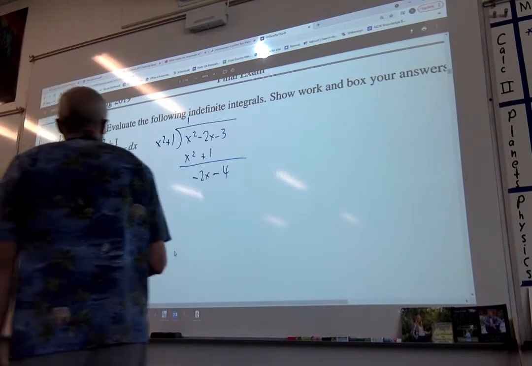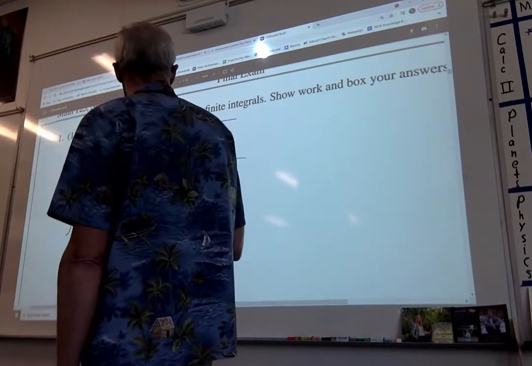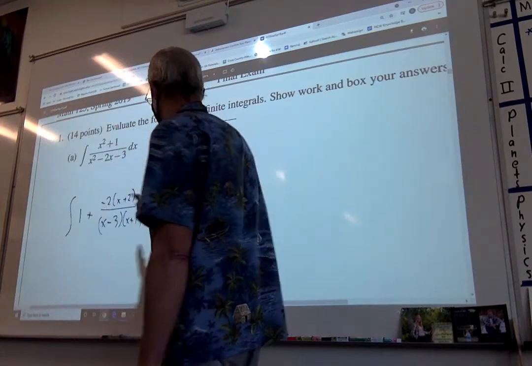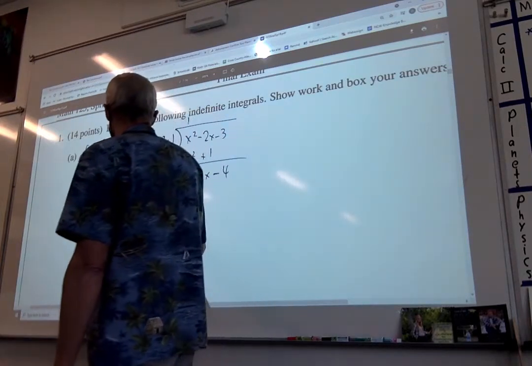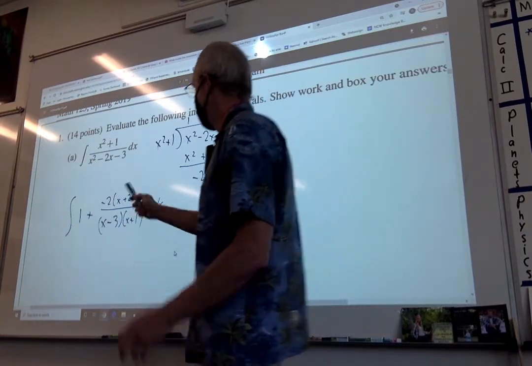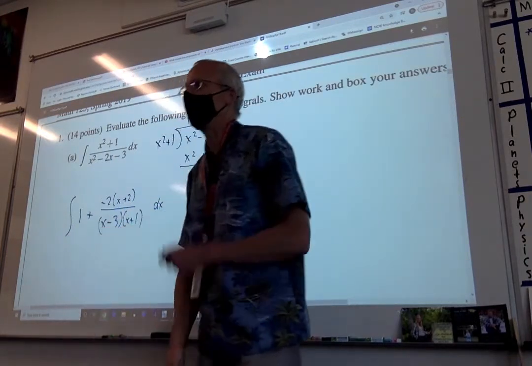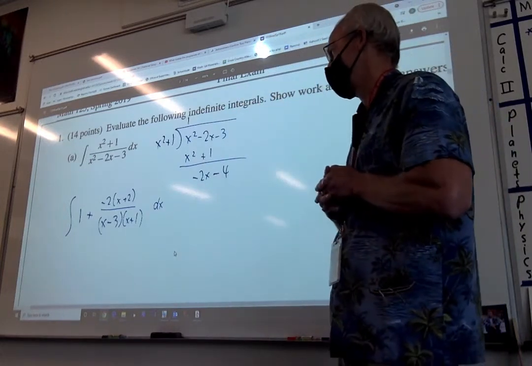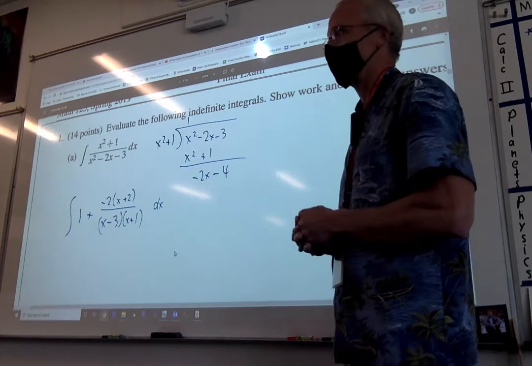Well, that doesn't really help. I was hoping that the x plus 2 might factor something on the bottom. Then we wouldn't even have to do partial fractions. But it doesn't. So now we've got to do the partial fractions thing.